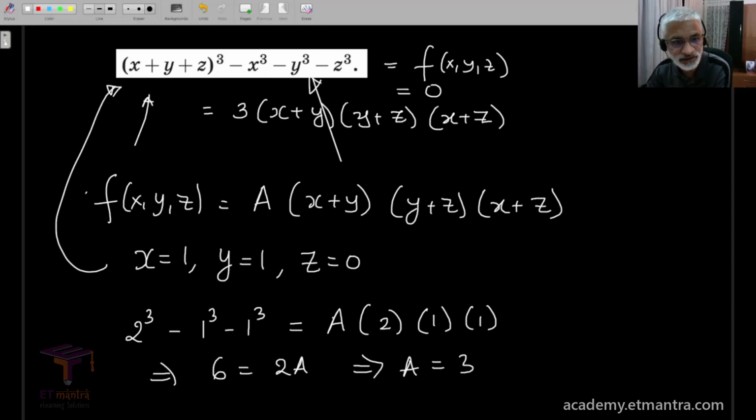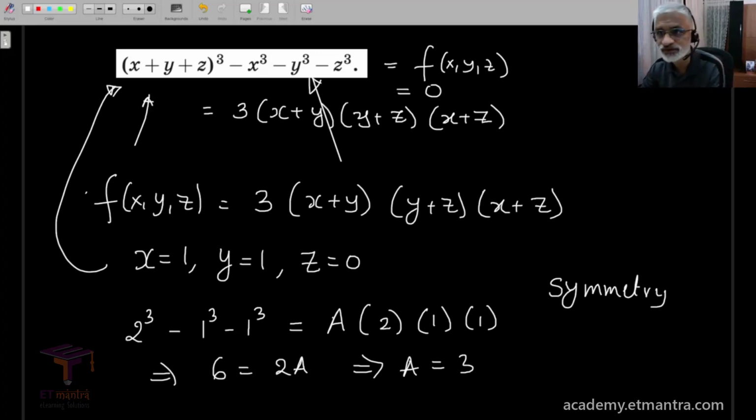So with that, we get the answer as 3 times whatever the factors we have written. So this ends this problem. The key tool is symmetry. And now let's proceed to the next problem.